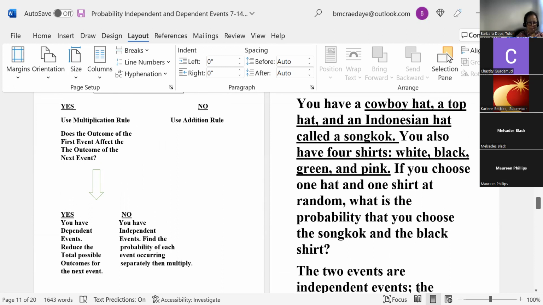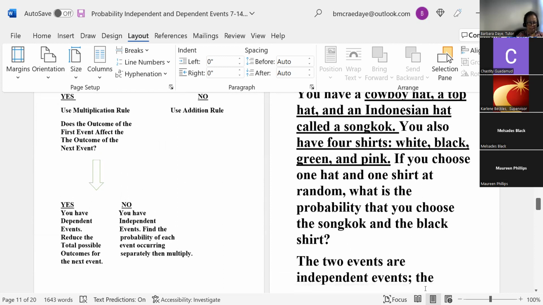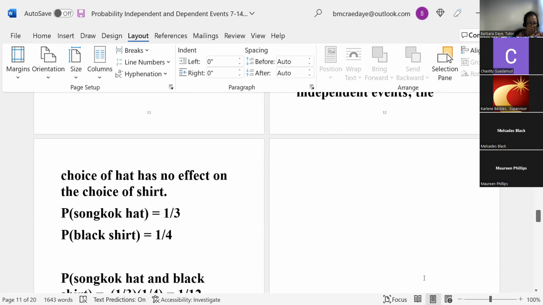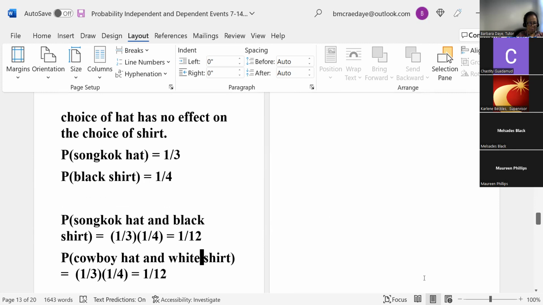So you're asking what's the probability that you choose the cowboy hat and the white shirt? 4 to 3? This is an and. Maureen, what's the answer? What's the probability of getting a cowboy hat and a white shirt?